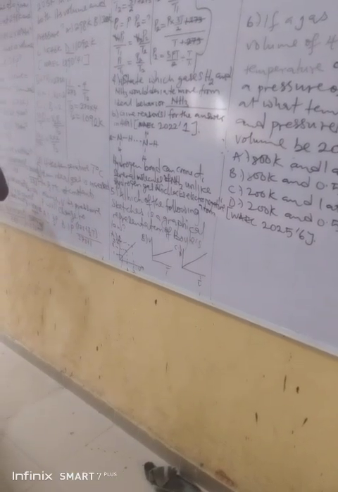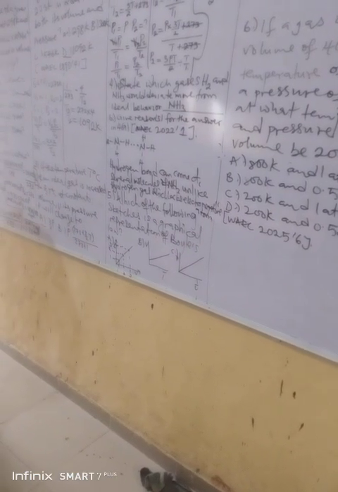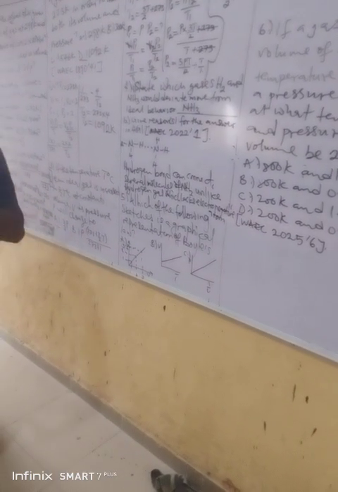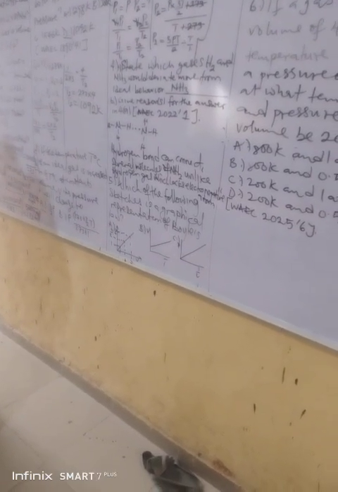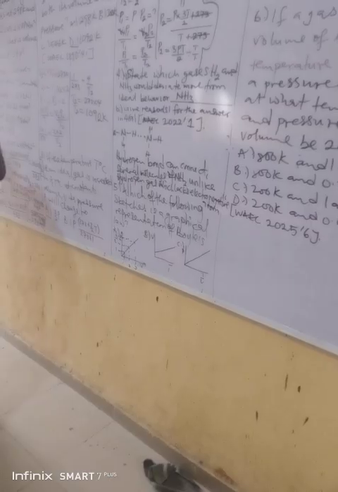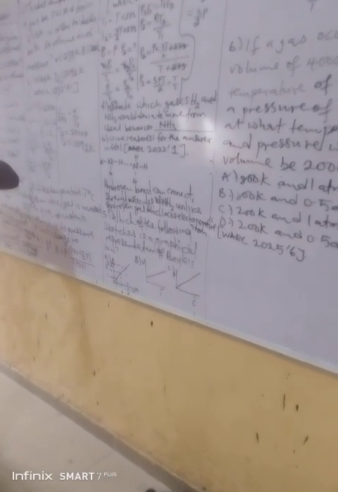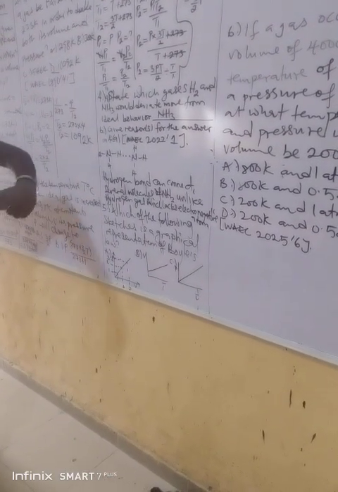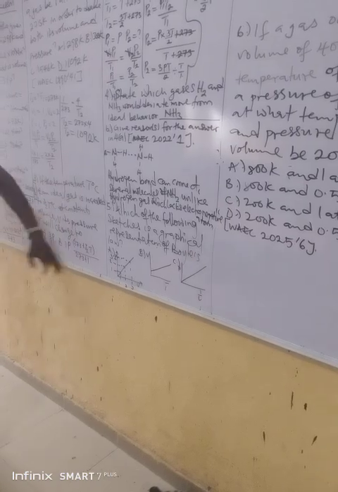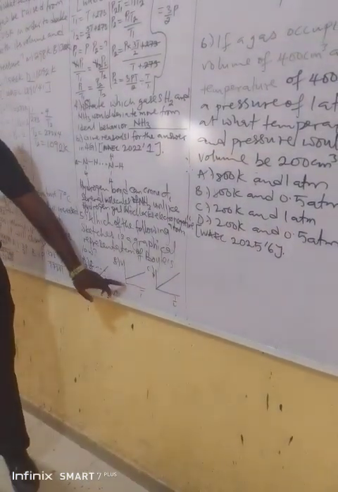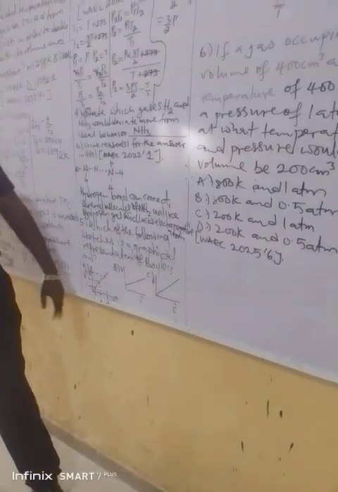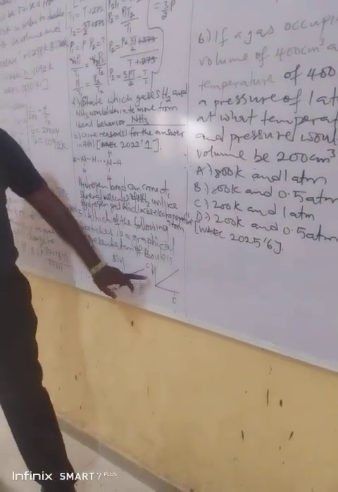So as you are pressing it, you are increasing the pressure. The size of the balloon, which is the volume, is what? Reducing. So as pressure increases, volume reduces. If you release your hand, you have reduced the pressure, and the balloon will get what? Bigger again. So this one is not correct. This one, there is nothing like this. It did not even start from the origin, so it's not correct.